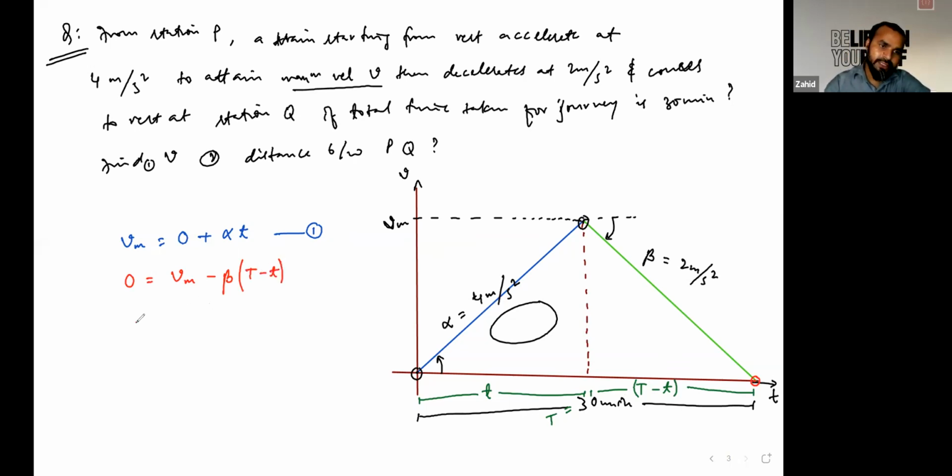If I rearrange, V max becomes beta times (T minus small t). So we have equation 2. Both these equations have the same left hand side, so just equate their right hand sides and try to obtain the value of small t.